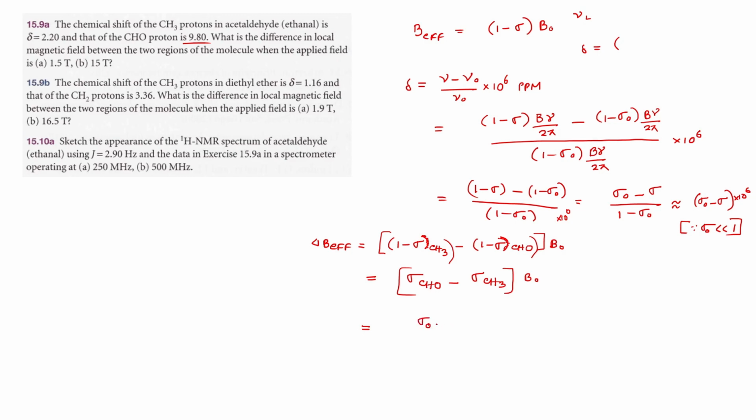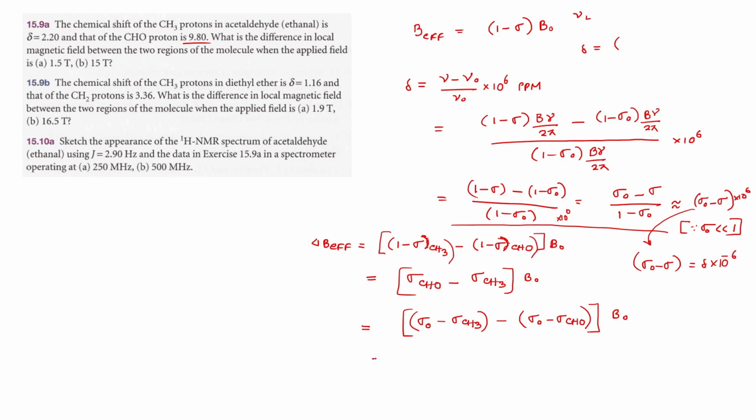Sigma 0 minus sigma CH3 minus sigma 0 minus sigma CHO, right, into V naught. So from here we understand that sigma 0 minus sigma is actually delta into 10 to the power minus 6. So for this CH3, what are we going to get?